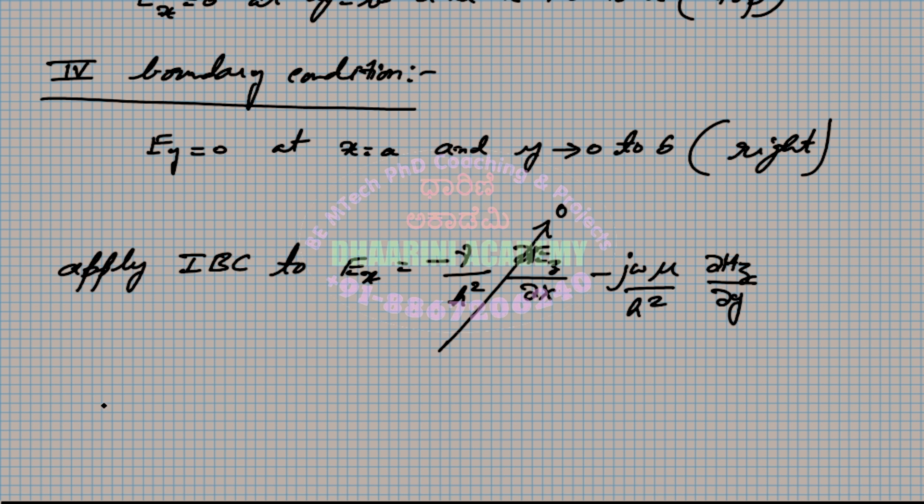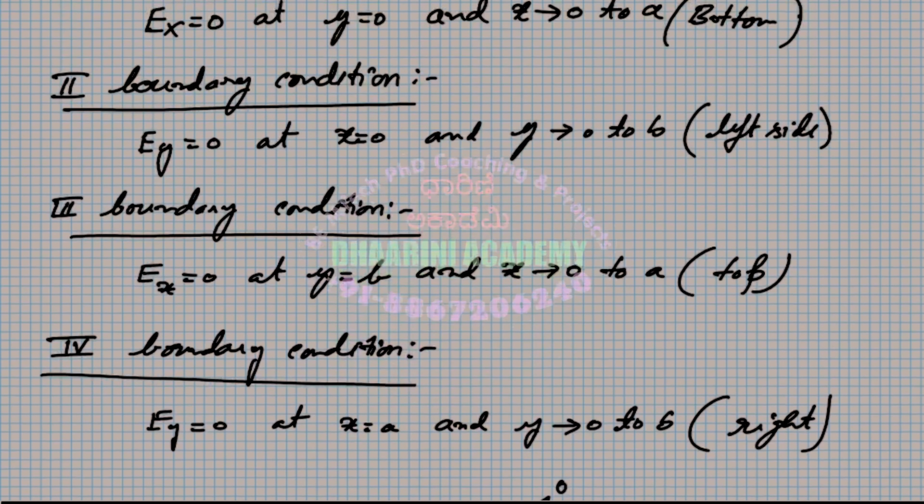This implies that Ex should be equal to minus j omega mu divided by h squared into the partial derivative, dou by dou y, of the Hz component. We have just written Hz in the previous section, which I'll show you.